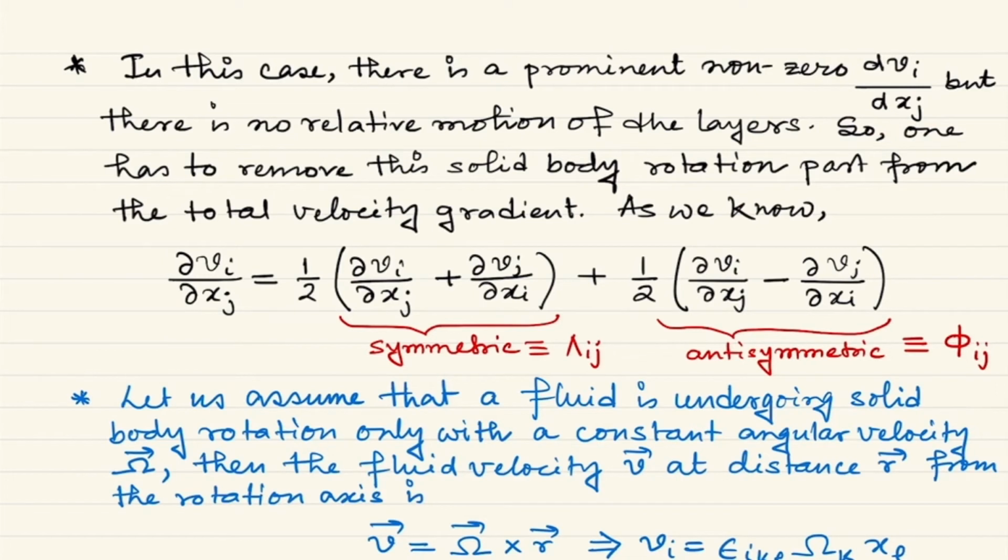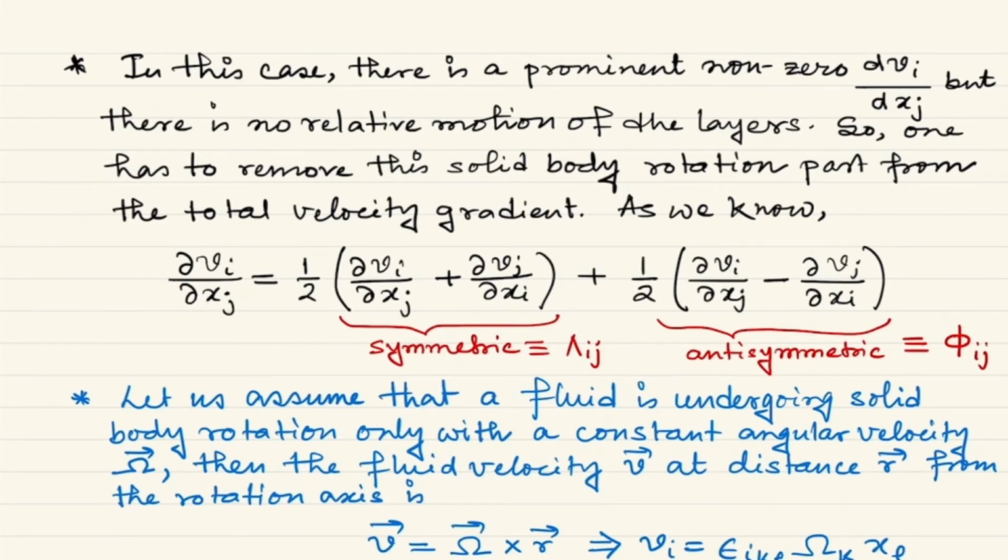So it is actually not a very correct statement if we simply say that the viscous force or the shear stress will always be proportional to dv_i/dx_j, but rather we should say that the shear stress should be proportional to the part of the velocity gradient which does not include the solid body rotation.